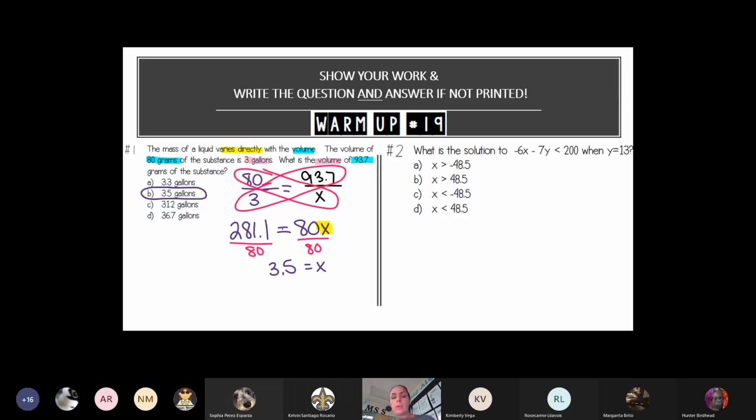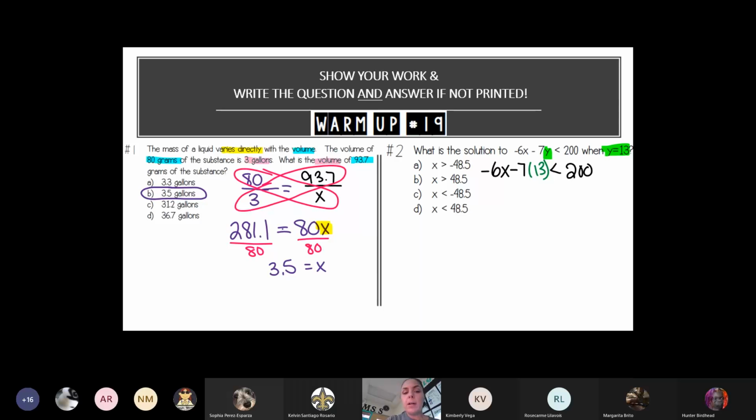Okay, question number 2. What is the solution to negative 6x minus 7y when it's less than 200? And that's when y is equal to 13. So we have y is equal to 13, and we're going to plug that in for our y value in our equation. So we're going to have negative 6x minus 7 multiplied by 13, and that needs to be less than 200.